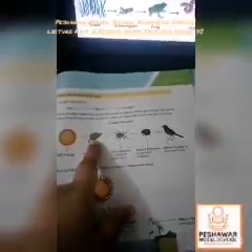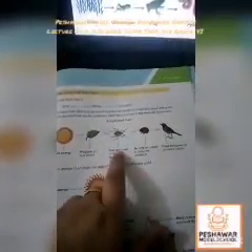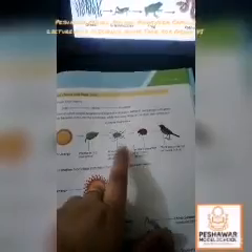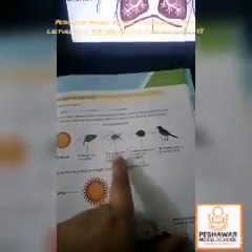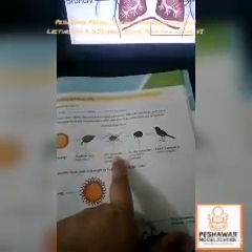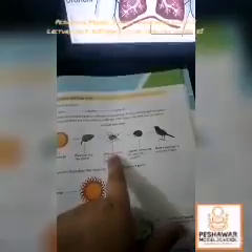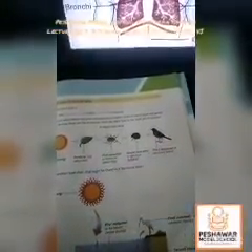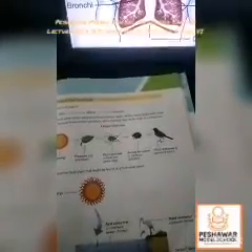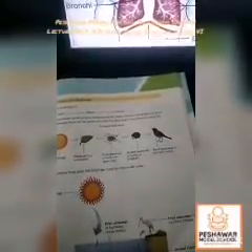Plants make their own food. The primary consumers take food from the plants, from the producers. Then from the primary consumers, secondary consumers take their food, and from the secondary consumers, the third consumers take their food. So this whole is called a food chain.